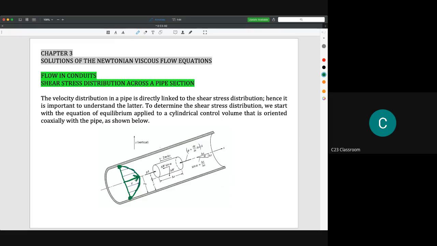But for flow in a pipe, or Poiseuille flow, it can be in any direction. For example, you may have water flowing from bottom to top like this, and also a pipe standing vertically like this, and the water will flow down.